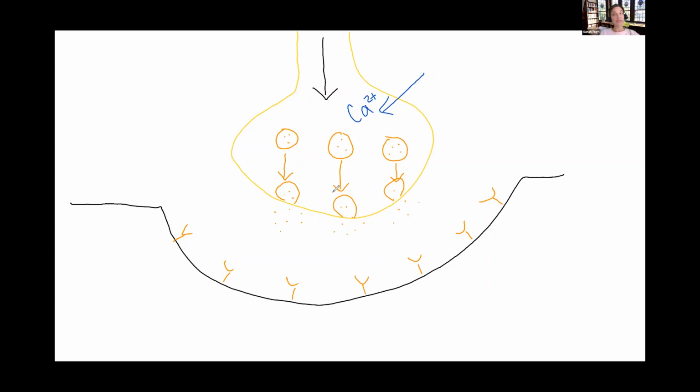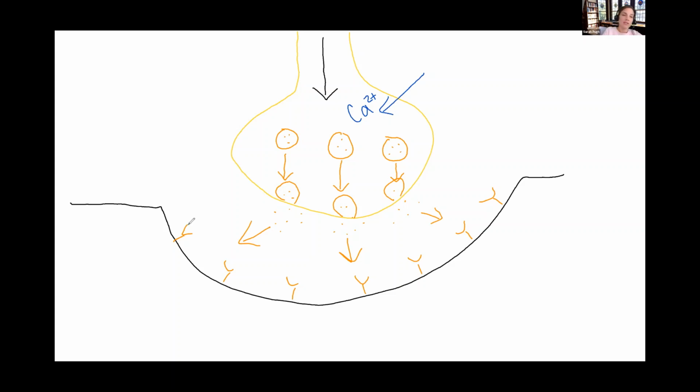Now, y'all should also be familiar with diffusion. Diffusion means we're going to go from a high concentration to a low concentration. And if we look at acetylcholine in that synaptic cleft, where we have a lot of it right now is up by the axon. So it is going to diffuse down towards the motor end plate. So through diffusion, acetylcholine is going to diffuse across the synaptic cleft.